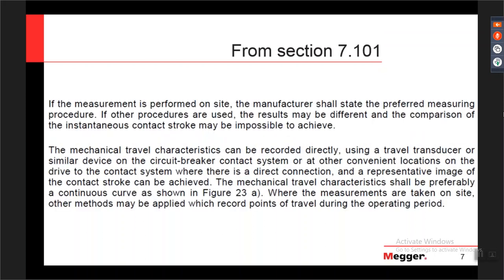And if we read section 7, which is for the routine test in the factory, it says that if the routine test is performed on site, the manufacturer shall state the preferred measuring procedure.